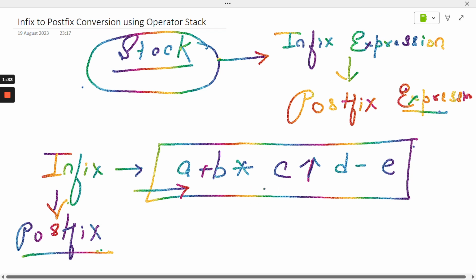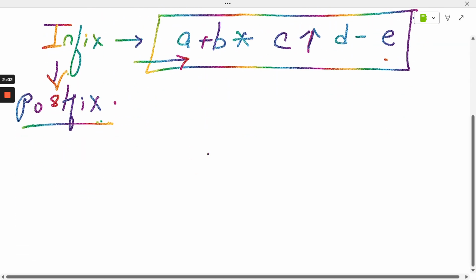Every time it needs to go through the entire string, search for the operator with higher precedence, and then compute and recompute and so on. But when we convert this into a postfix expression, it doesn't need to scan the output multiple times. That is why we first convert the infix expression to a postfix expression.